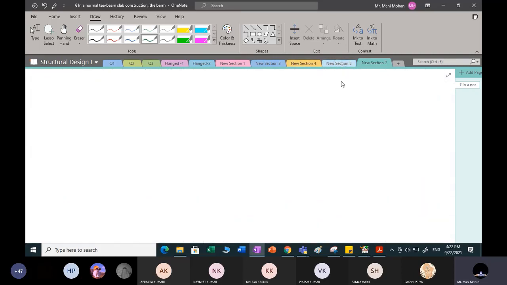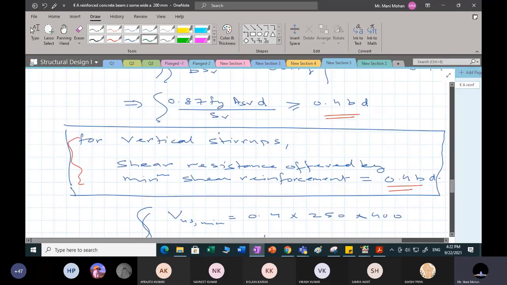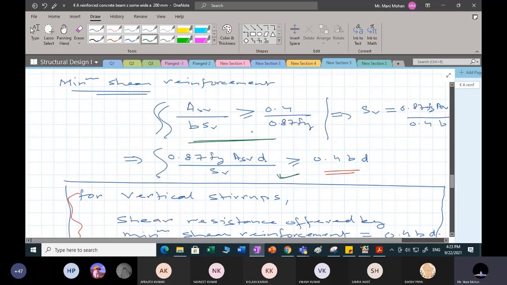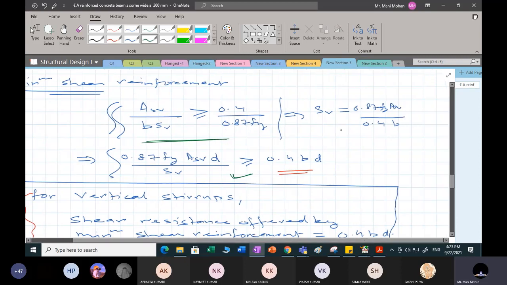In the last class we saw how you can compute it using this formula: minimum shear reinforcement, 0.87 Fy Asv divided by Sv, should be greater than or equal to 0.4 b. Or you can use this formula indirectly, it is your convenience. Yesterday we saw this one: Sv equal to 0.87 Fy Asv divided by 0.4 b.